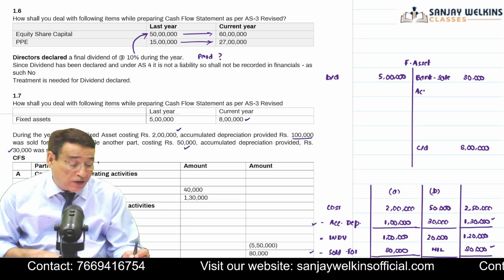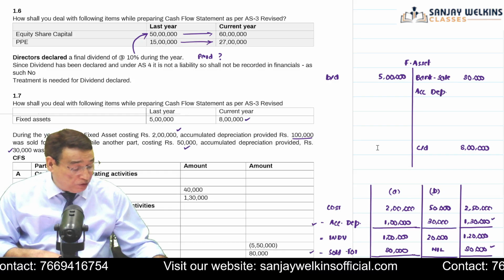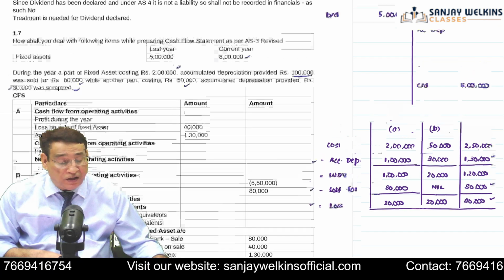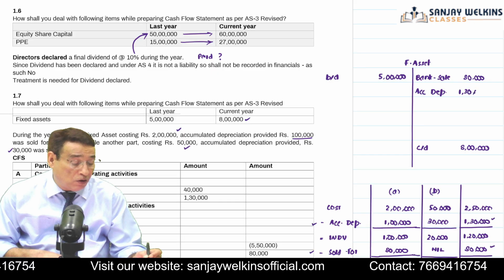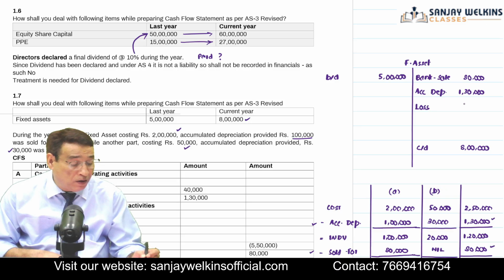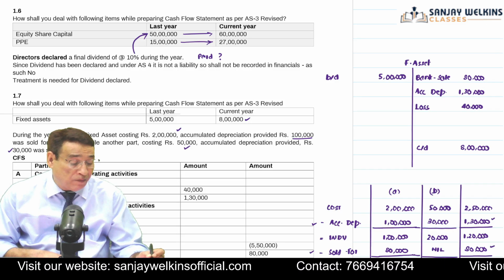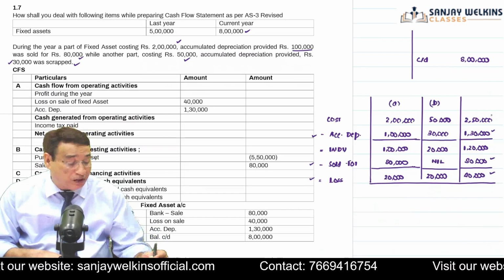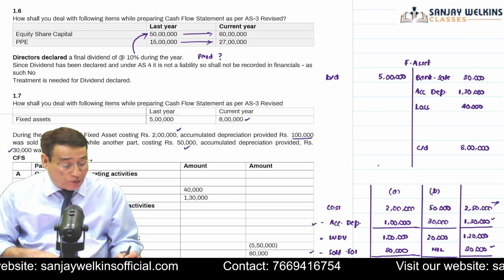Total accumulated depreciation is 1 lakh plus 30, that is 1 lakh 30,000. And there is a loss also to the extent of 40,000. If I add all these three items, 80 plus 130 plus 40, it will be equal to total cost price. Is it clear to you? This is how we will have to post it.